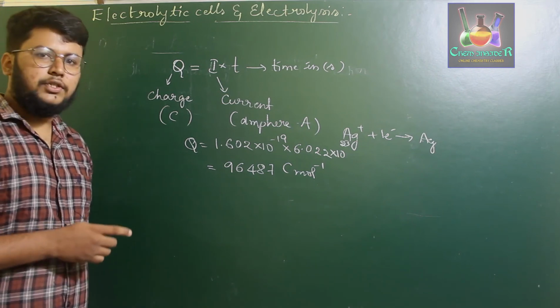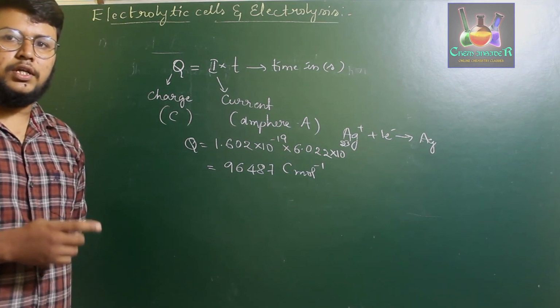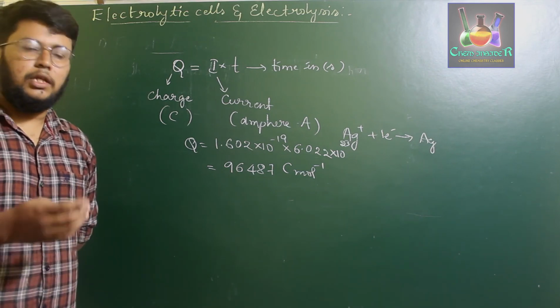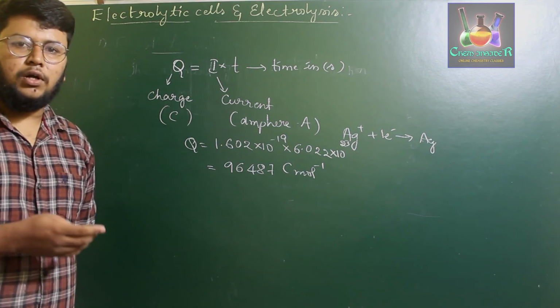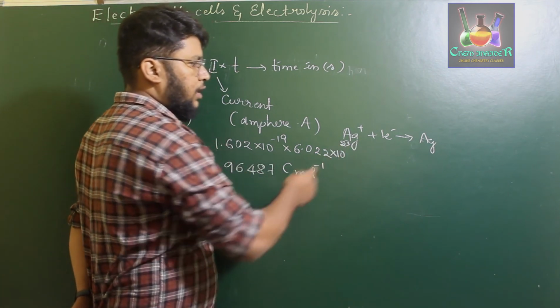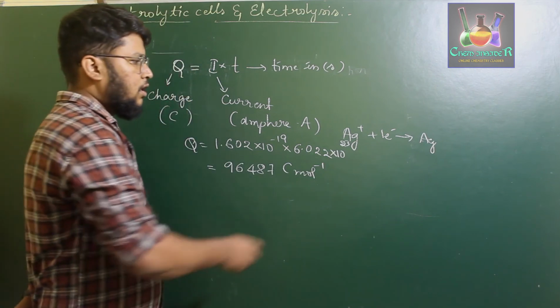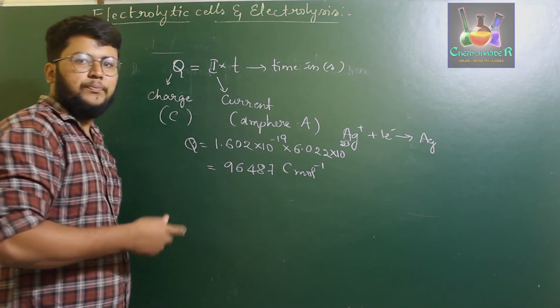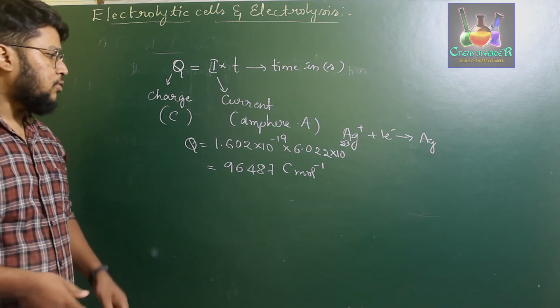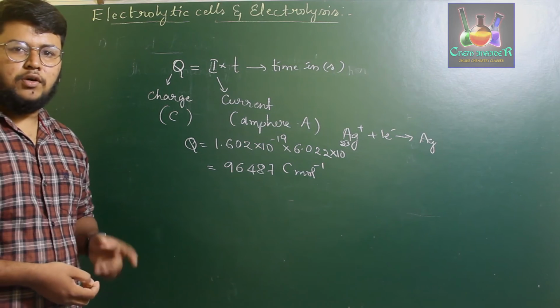So if you supply 96,487 coulombs of charge, then it can liberate a particular atom or ion. If you use 96,487 coulombs of charge here, Ag plus can be reduced to Ag. That means Ag can be liberated as Ag. So this is the minimum charge for 1 mole.